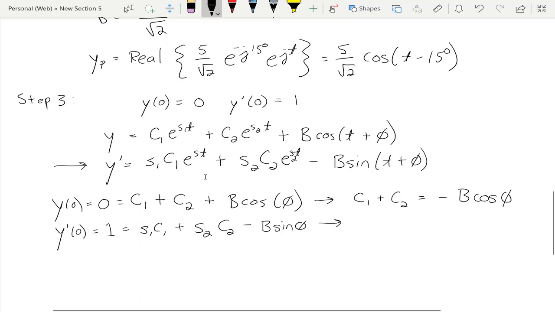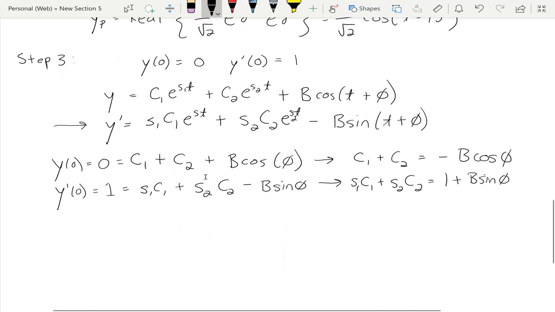So that tells me my other equation is S1 C1 plus S2 C2 equals 1 plus b sine of phi.